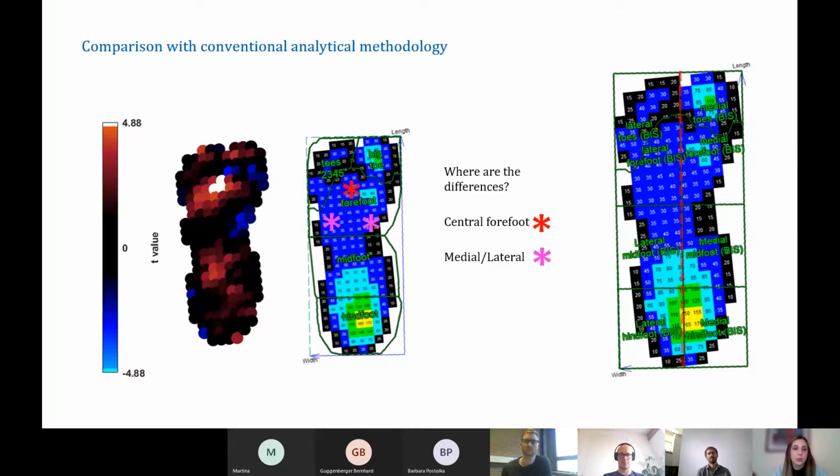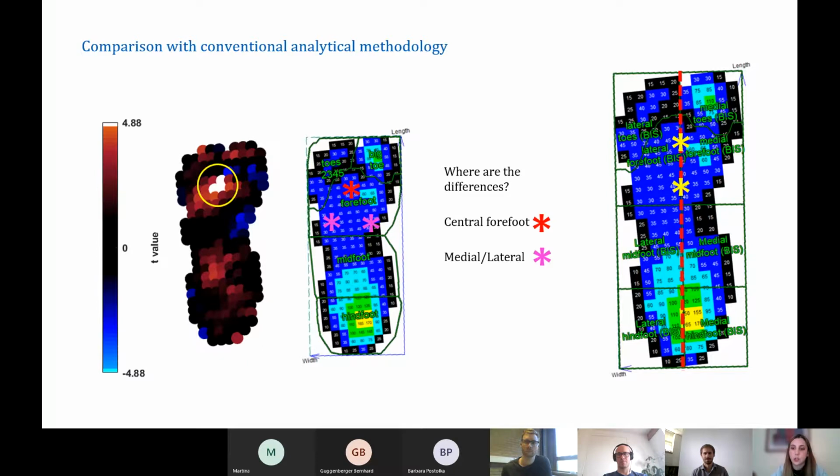Well, in our case, we detected differences in the central forefoot. If you divide the foot, let's say, into mediolateral components, you might have gotten these differences on the midline, or perhaps shifted 1 inch towards the lateral forefoot or 1 inch towards the medial forefoot.